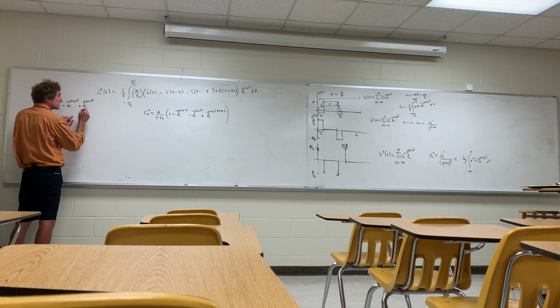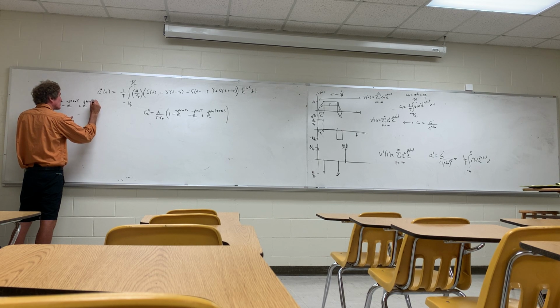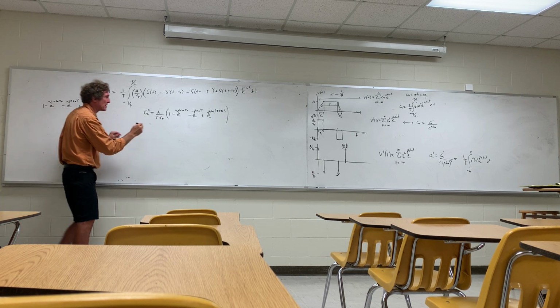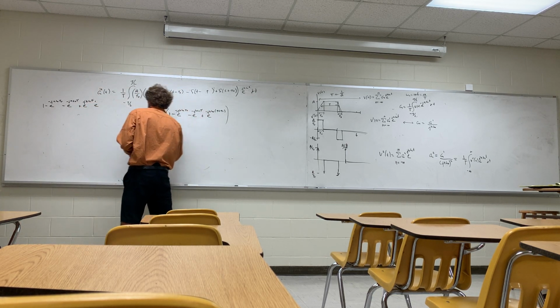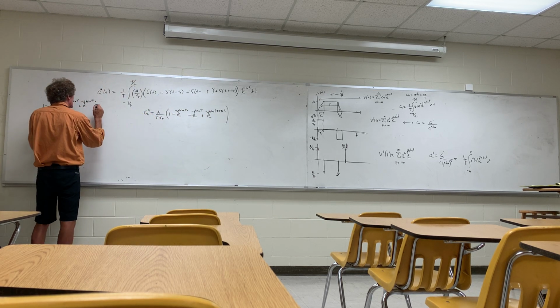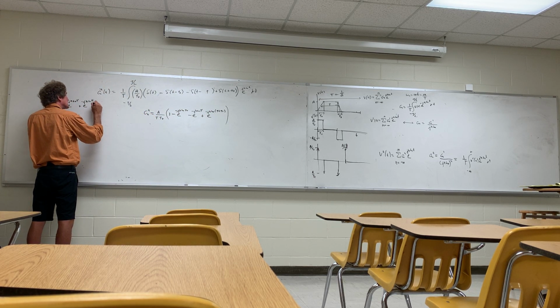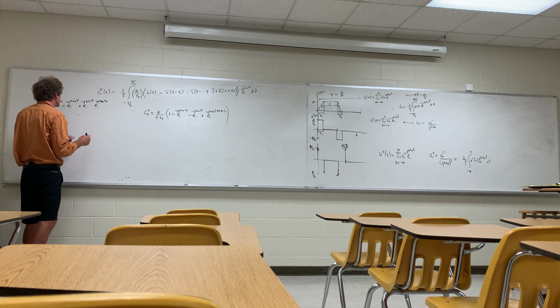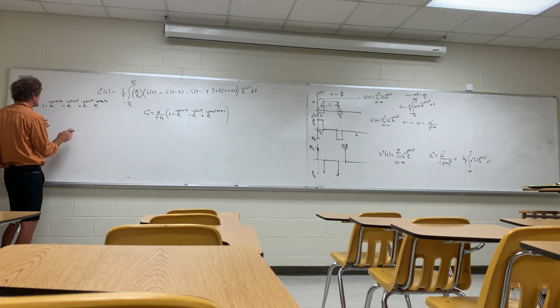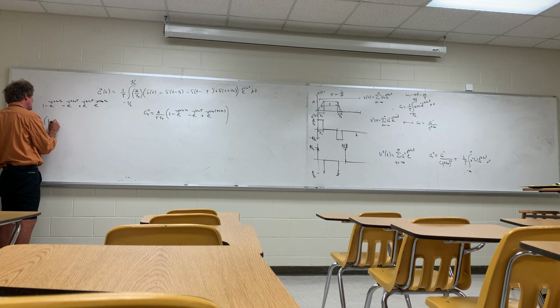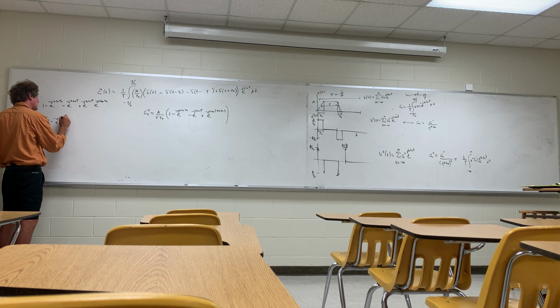And it's times e to the minus, or plus, no, sorry, that should be a minus, e to the minus jn omega naught tau rise. Now, what I'm going to do is factor out 1 minus e to the minus jn omega naught tau rise out of here.